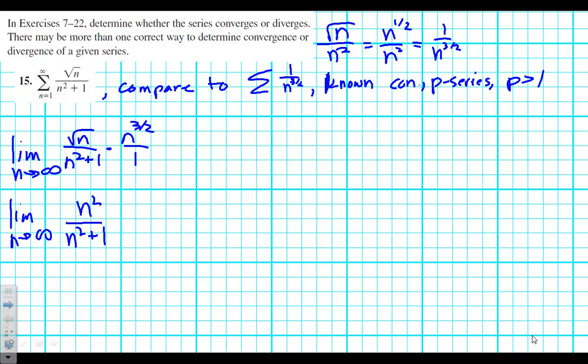Double check my algebra there. This is n to the 1/2 times n to the 3/2, n squared. And as n goes to infinity, that's equal to 1, which is finite and positive.